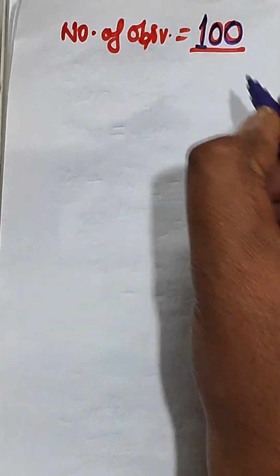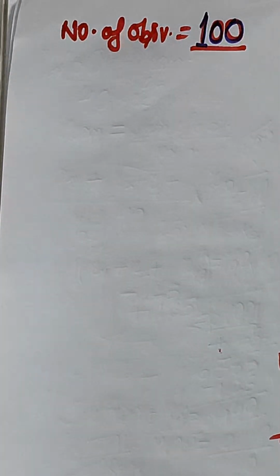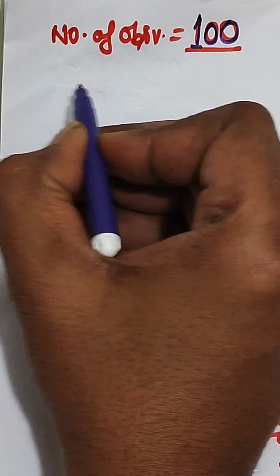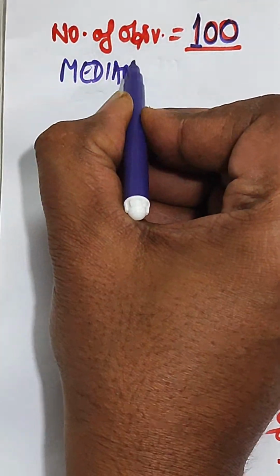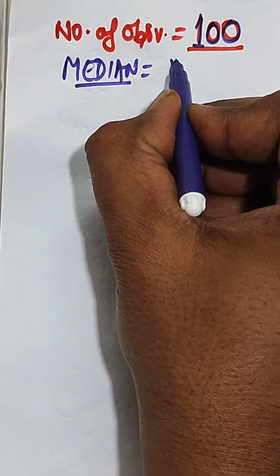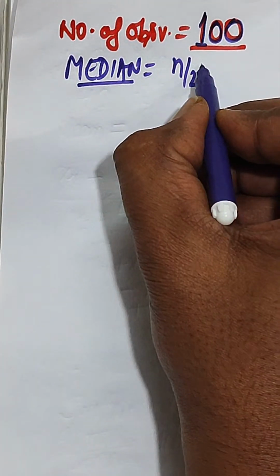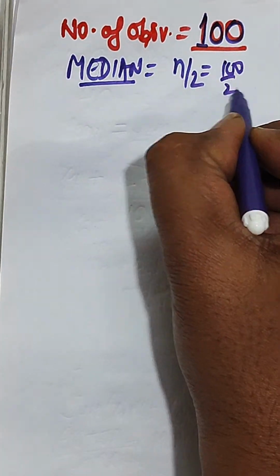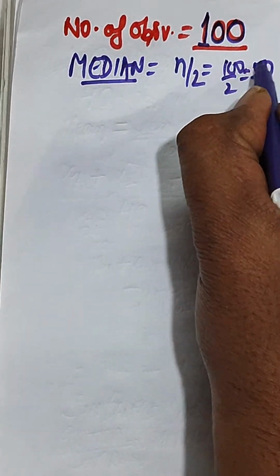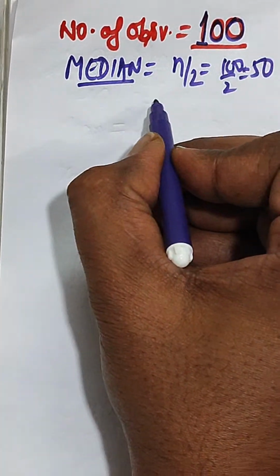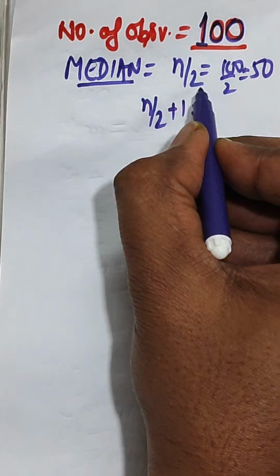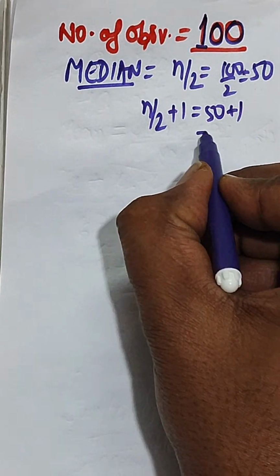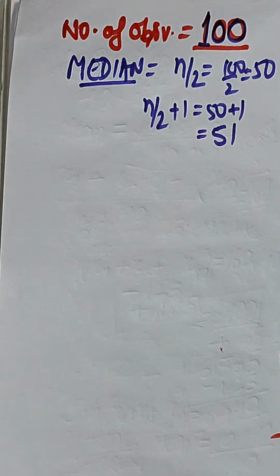So there are 100 observations, so the median will be n by 2, that is 100 by 2, which is 50, and n by 2 plus 1, that is 50 plus 1, which is 51.